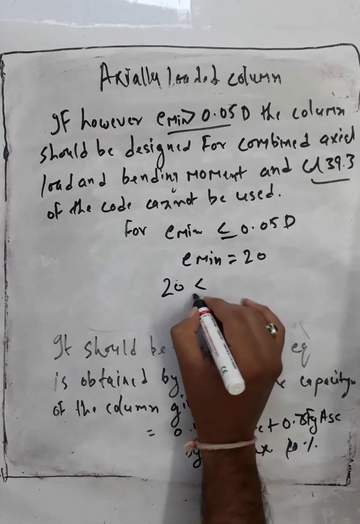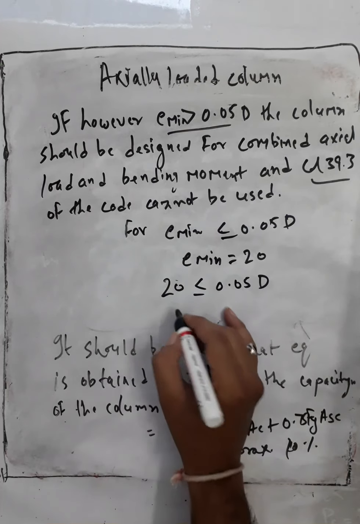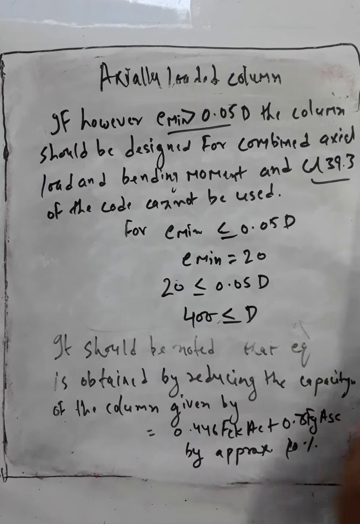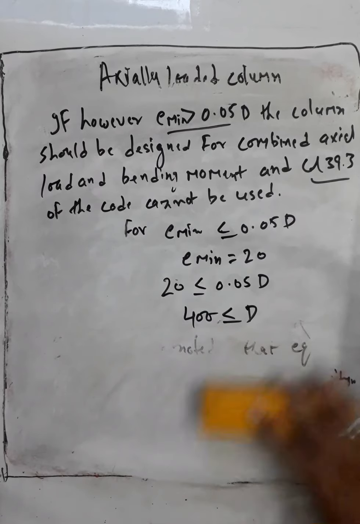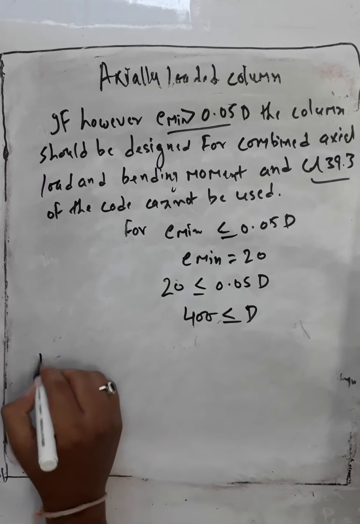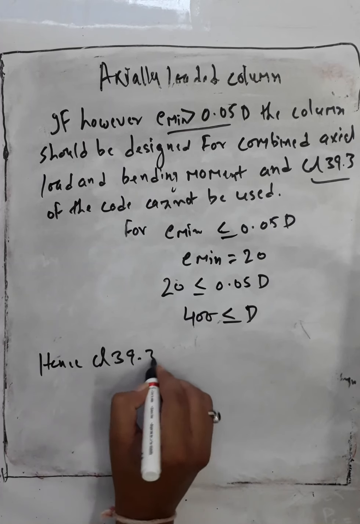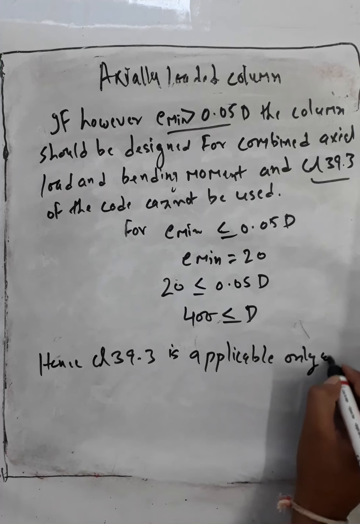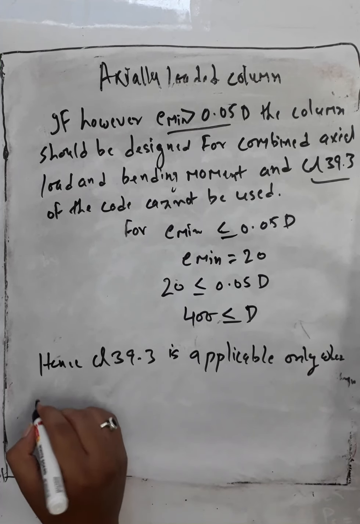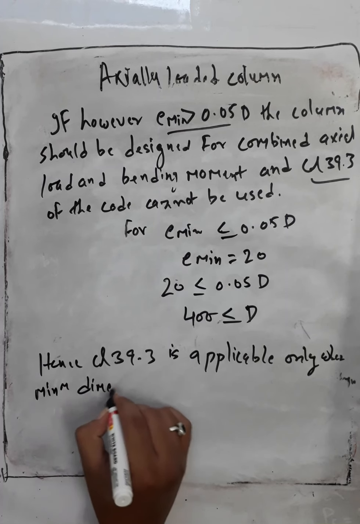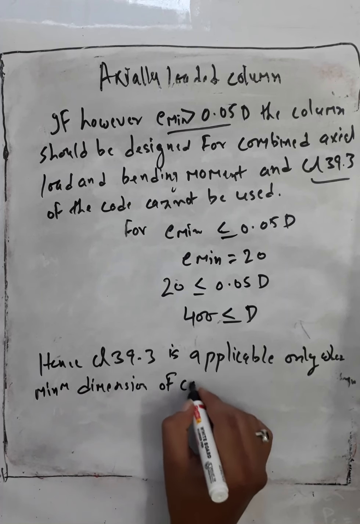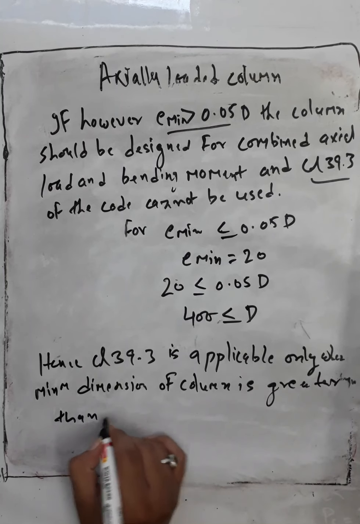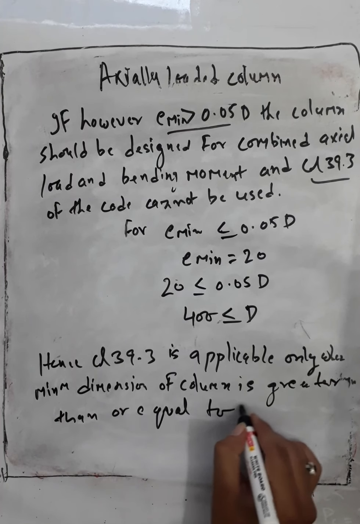So 20 is less than or equal to 0.05 D. If we calculate this, we get 400 is less than or equal to D. So this proves that clause number 39.3 is applicable only when the minimum dimension of the column is greater than or equal to 400.